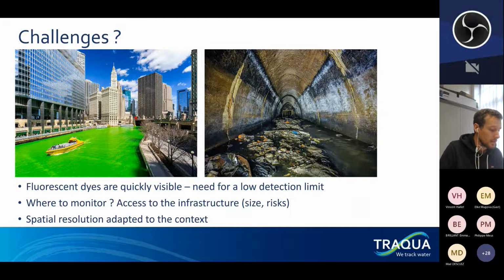The second challenge for me is the place you have to monitor, because sampling in natural context and in wells is generally easy, even if it is always a field challenge, but here you need to fit with the infrastructure according to the size, the accessibility, the risk of having an in situ monitoring installed in such a location.